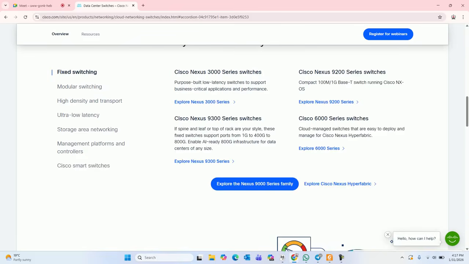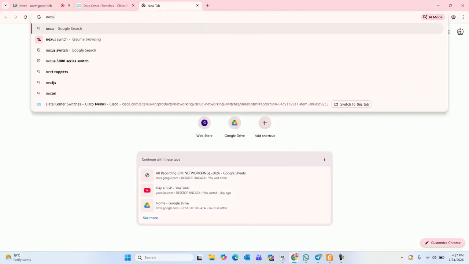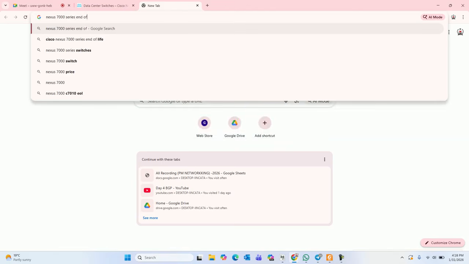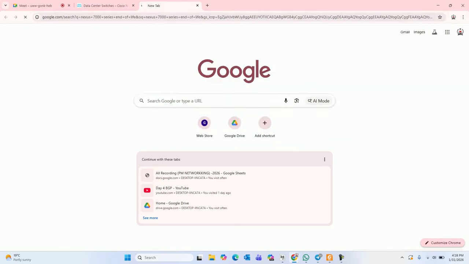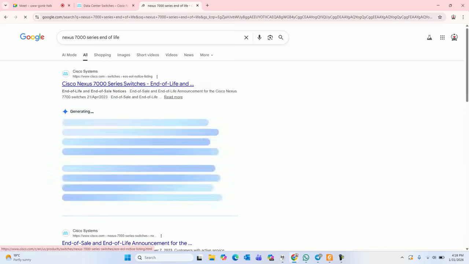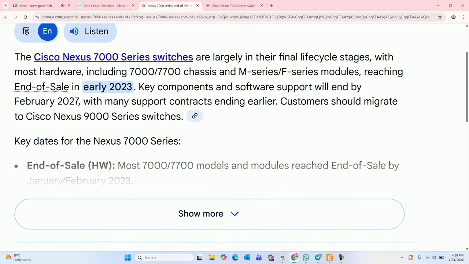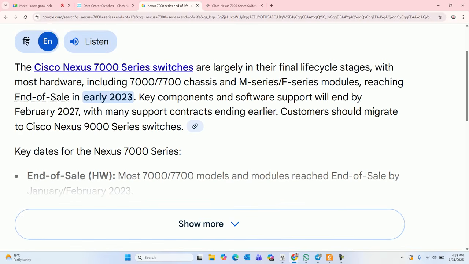In this portfolio, you don't see Nexus 7000 because Nexus 7000 switches are end of life now. You see, the Cisco Nexus 7000 series switches are largely in their final life cycle stages, with most hardware including 7700 chassis and AM series and F series modules reaching end of sale in 2023.